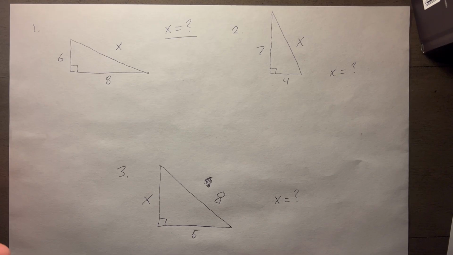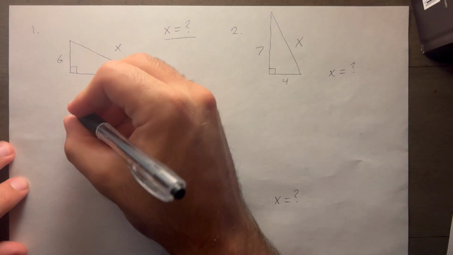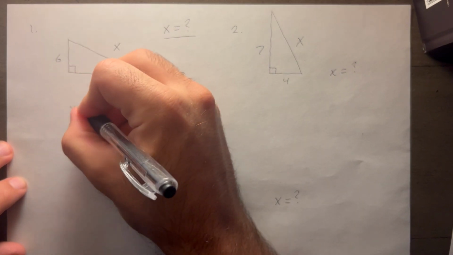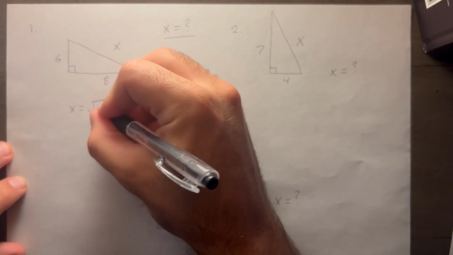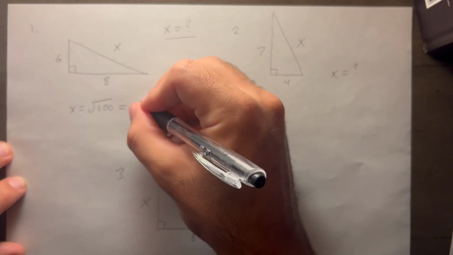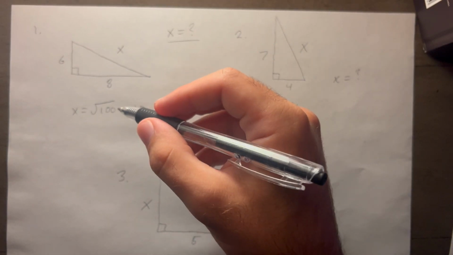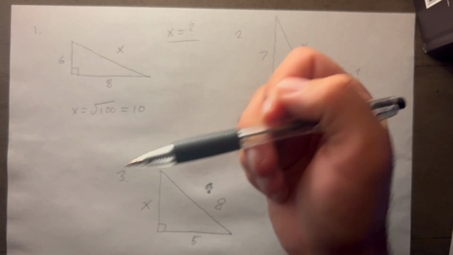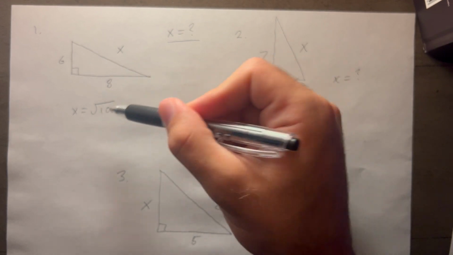Okay, now I'm assuming you paused the video. Here are the answers. This one, we got x equals square root of 100, which of course, square root of 100 just simplifies to 10. So that's the answer to number 1. 6 squared plus 8 squared equals 100. Take square root of 100 equals 10.